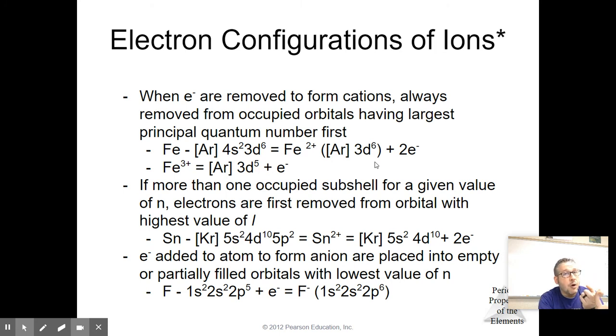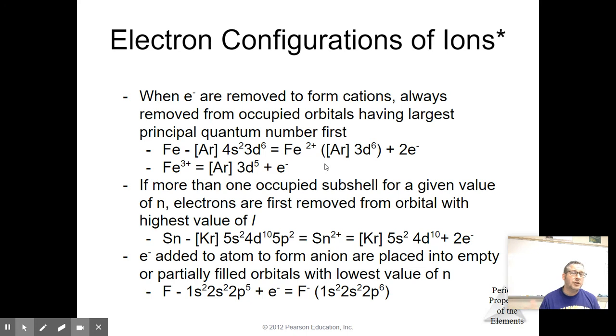But iron can also form Fe3+. That means we have to remove a single electron more. All that we have left is 3d6, which would be the largest principal quantum number in this case. So we remove 1 electron from here, and we now get Ar 3d5.